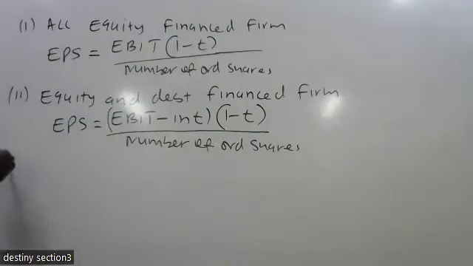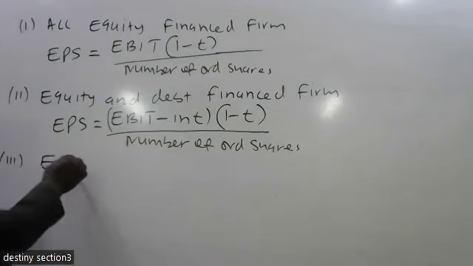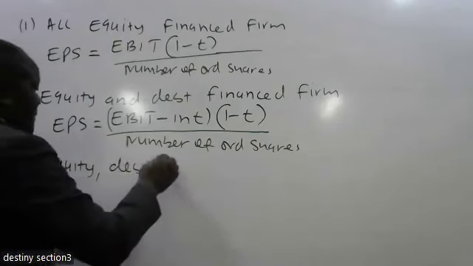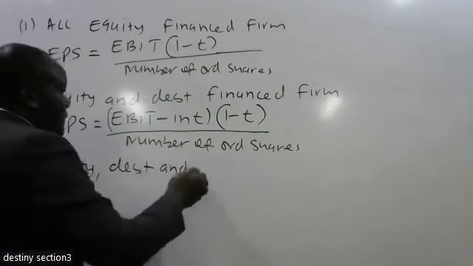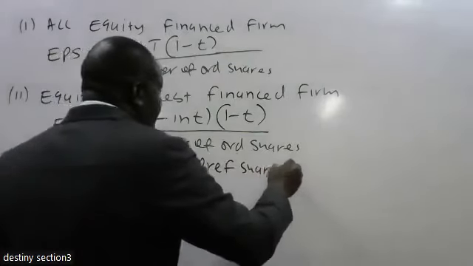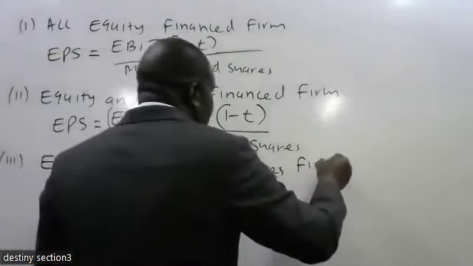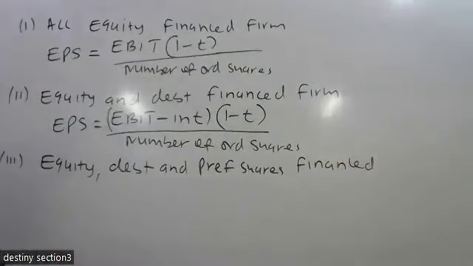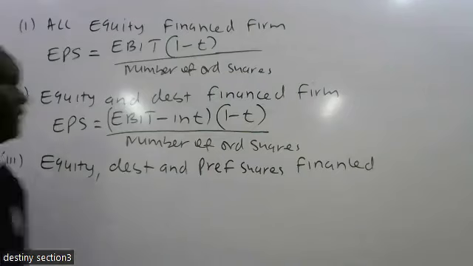Then number 3, it can be equity, debt, and preference shares financed.